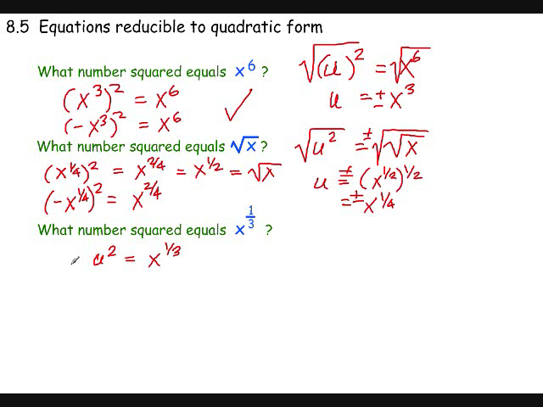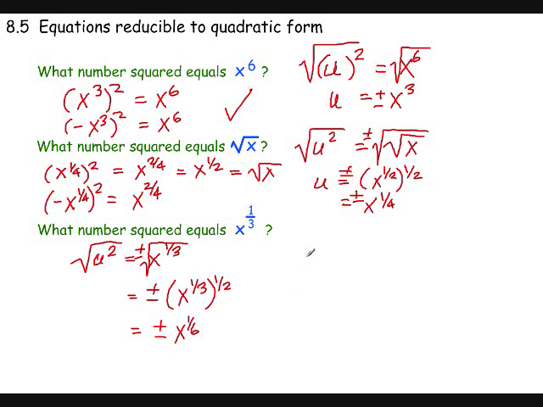How do I solve for u? I'm going to take the square root, plus or minus the square root of this, which will be equal to plus or minus. Let's write it with rational exponents. This was already in it, rational exponents. And when I take the square root of that, it's equal to plus or minus x to the 1/6.